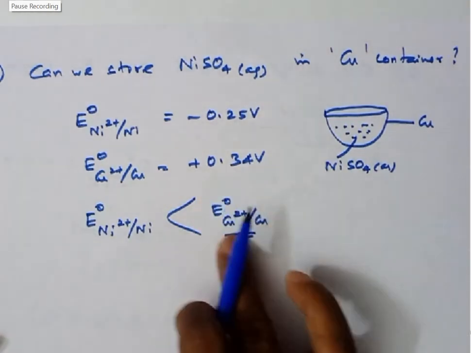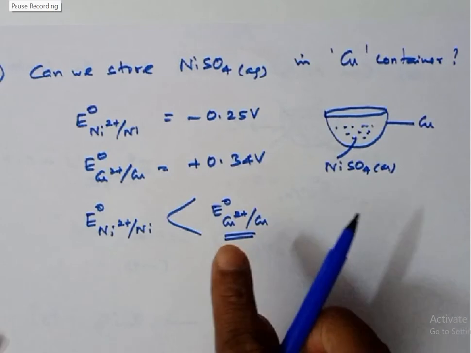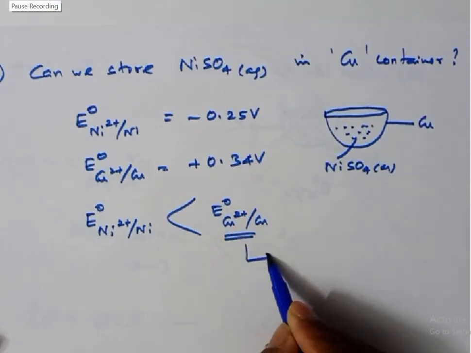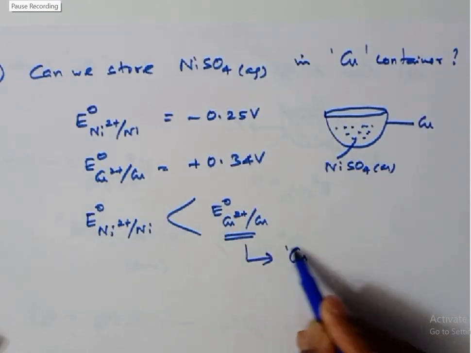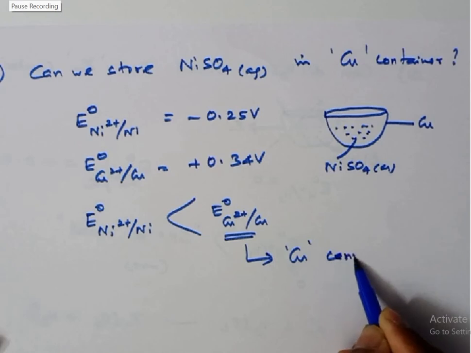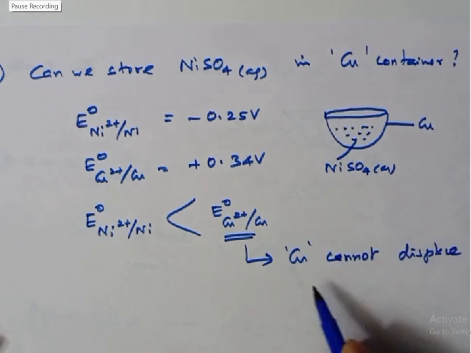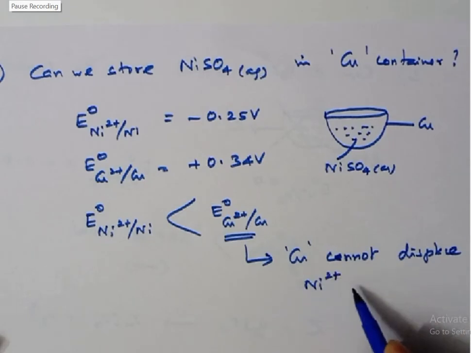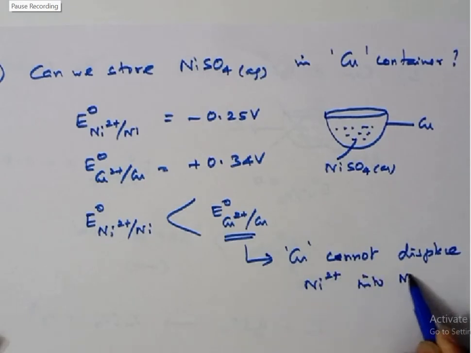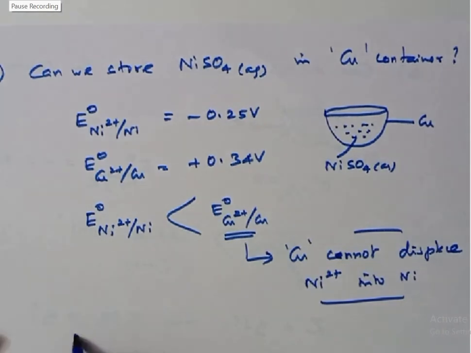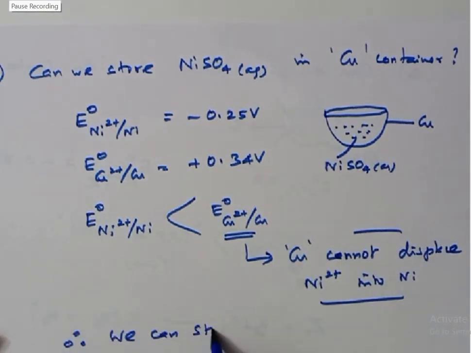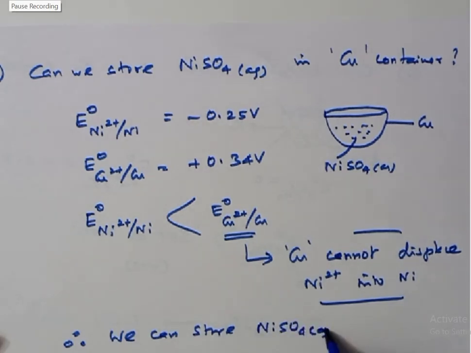In this case, the standard reduction potential for copper is high. That means copper cannot displace Ni2+ into nickel. Therefore we can store aqueous nickel sulfate in a copper container.